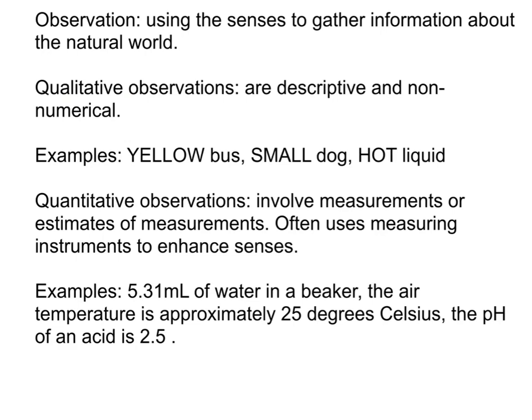So if we said we have 5.31 milliliters of water in a beaker, 5.31 milliliters is a quantitative observation about the water. The air temperature is approximately 25 degrees Celsius. Again, that's a quantitative observation about temperature. The pH of an acid could be measured at 2.5. Again, quantitative. We just put a number on it that gives some specific meaning to the observation.